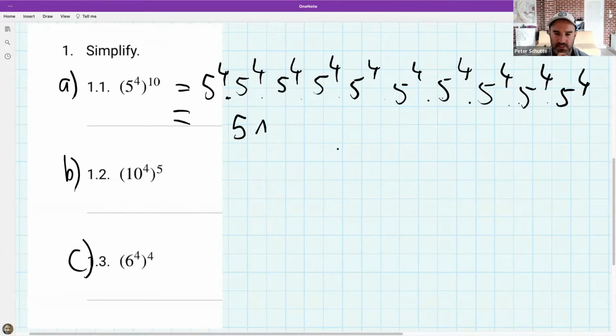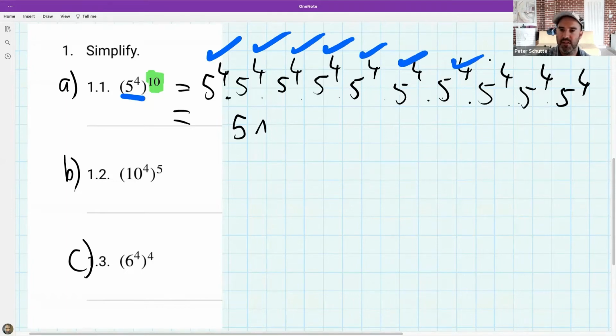Okay, I see some answers coming in. I'll give you a bit more time before I give you the answer for A. Okay. So when I say to you 5 to the power of 4 to the power of 10, what that means is that 5 to the power of 4, which is the thing below the power, gets repeated 10 times. 1, 2, 3, 4, 5, 6, 7, 8, 9, 10.